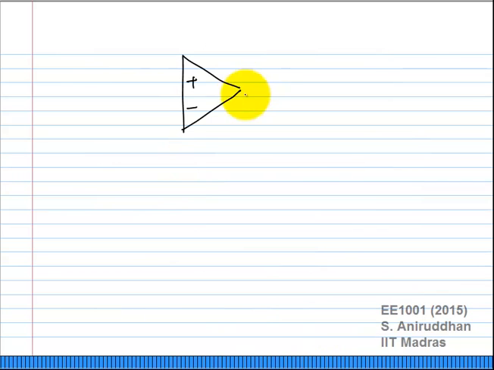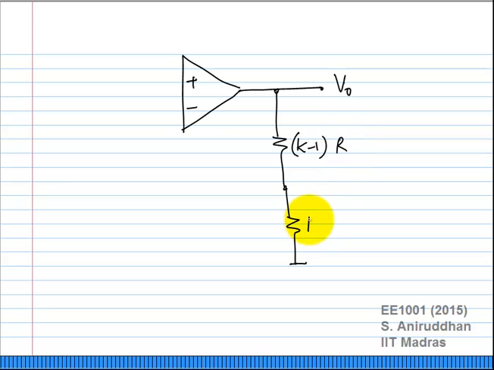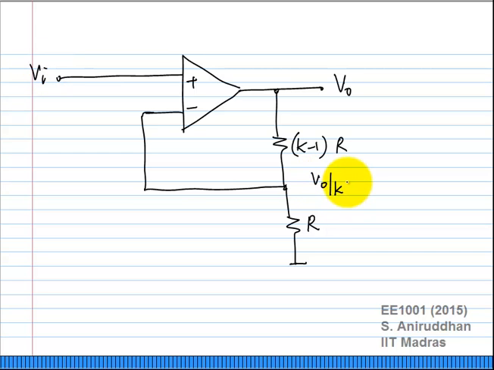So now let us complete this circuit picture. This is VO. Sorry, K minus 1 times R. This is R. This is VI. This is VO by K. Have you seen this picture before?